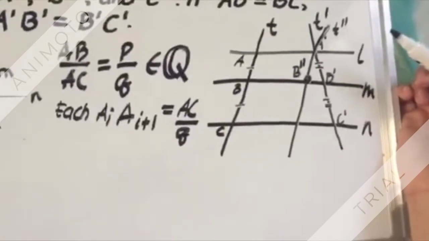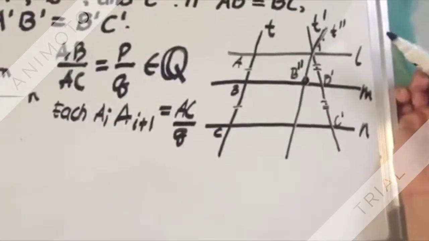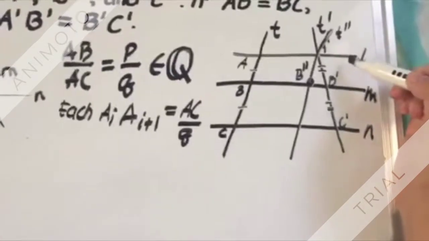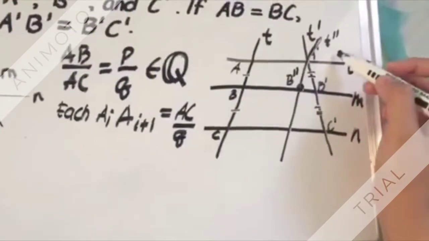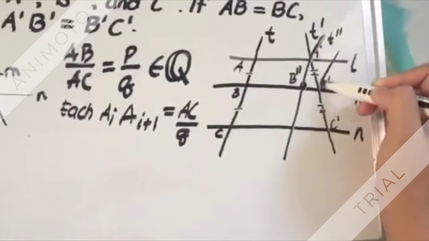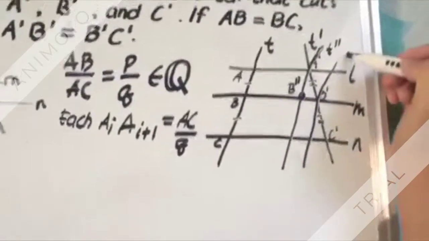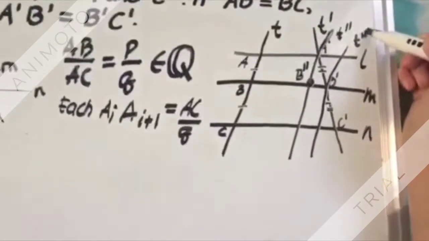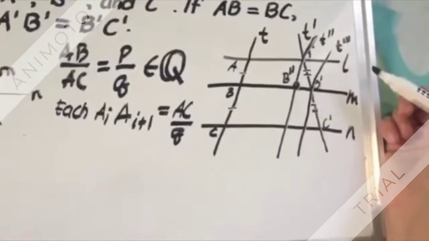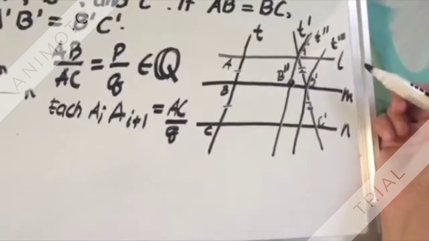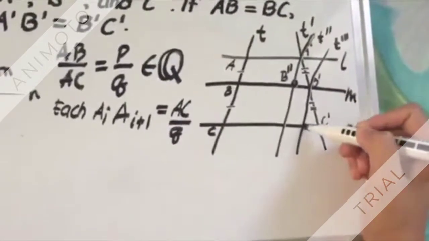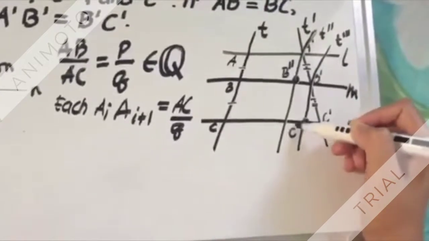Now let's create another transversal, T triple prime, that cuts L, M, and N at the point C double prime.